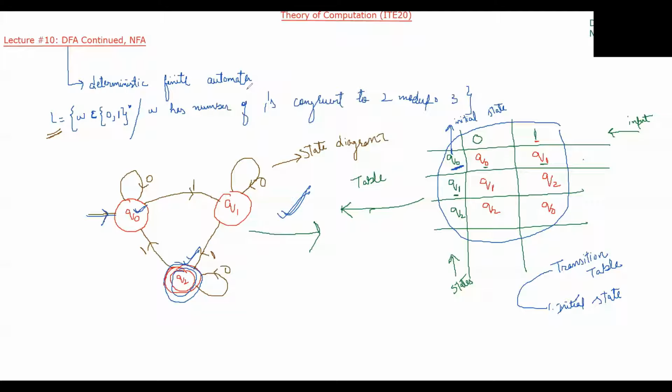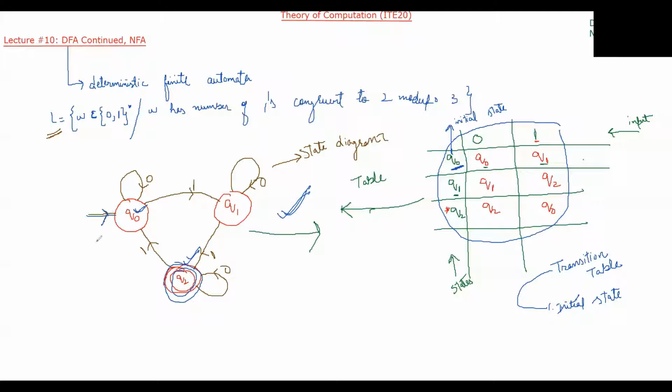Now we have the final state. How will we represent the final state? The final state is represented in the transition table by putting a star or asterisk on top of the final state. So star Q2 means Q2 is a final state. So this is how we represent the final state.